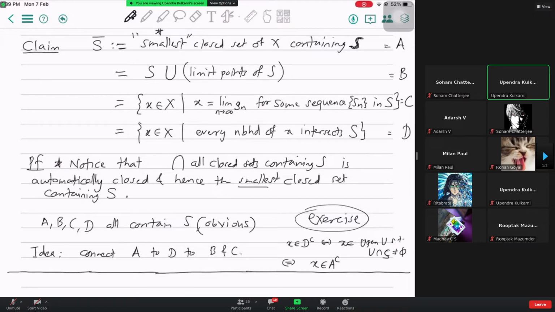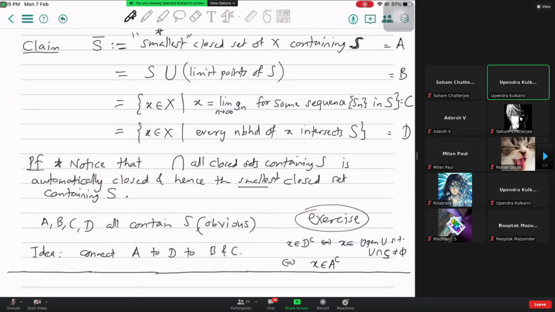Okay. But let's now go to, so what does it mean that X is in A complement? I want to show that this is if and only if. So X is in some open set not intersecting with this. Correct. So that means X is not in some closed set that contains S. So how can it be in the smallest closed set containing S?